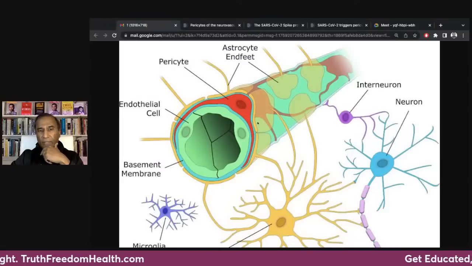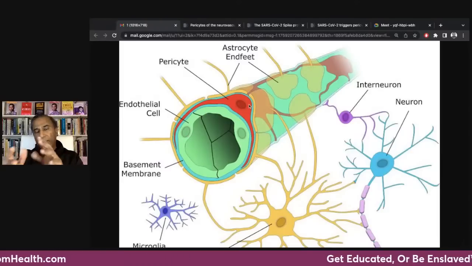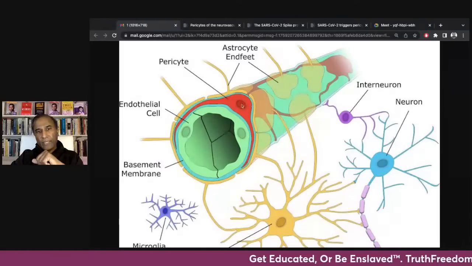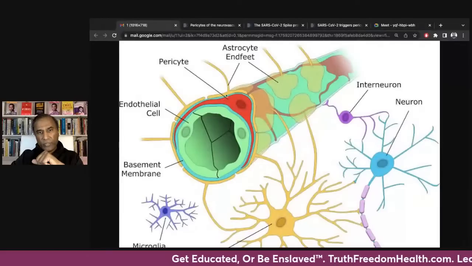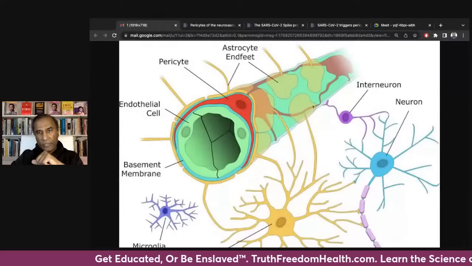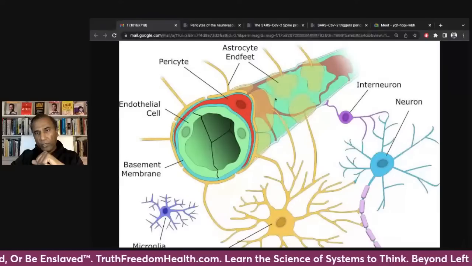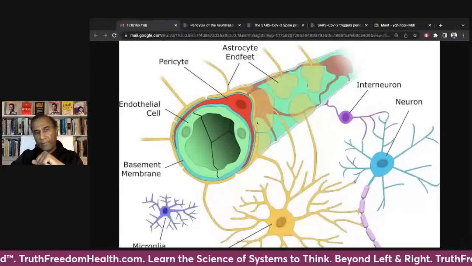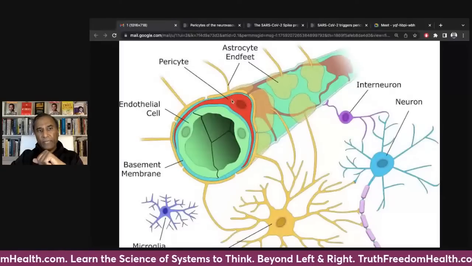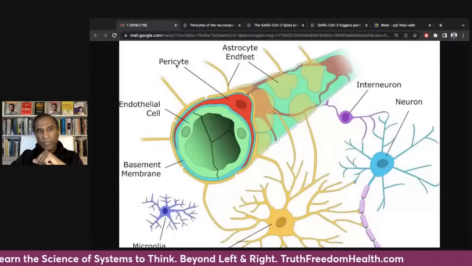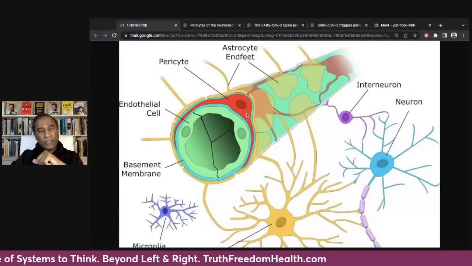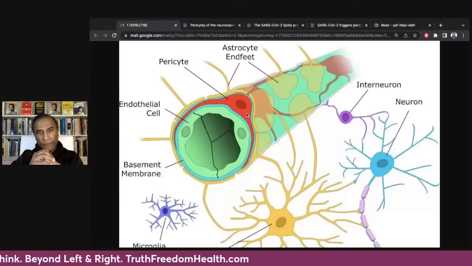But the capillaries are surrounded every so many, about 100 micrometers, by something called pericytes. That's the red structure right here. See, this thing, and then here's another one over here, back here. So every so often along that tunnel of that capillary are these things called, not parasites, pericytes. And that's another kind of cell, okay?